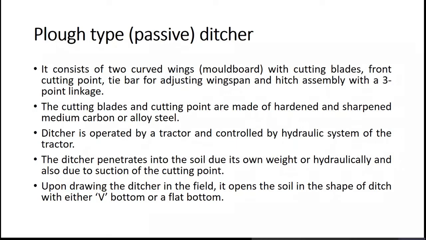Then we have the cutting blade and cutting point, which are made of medium carbon or alloy steel. And the ditcher is operated by a tractor, controlled hydraulically. Again, we are using a hydraulic system for lifting or lowering of the ditcher. Now, the ditcher penetrates into the soil due to its own weight.